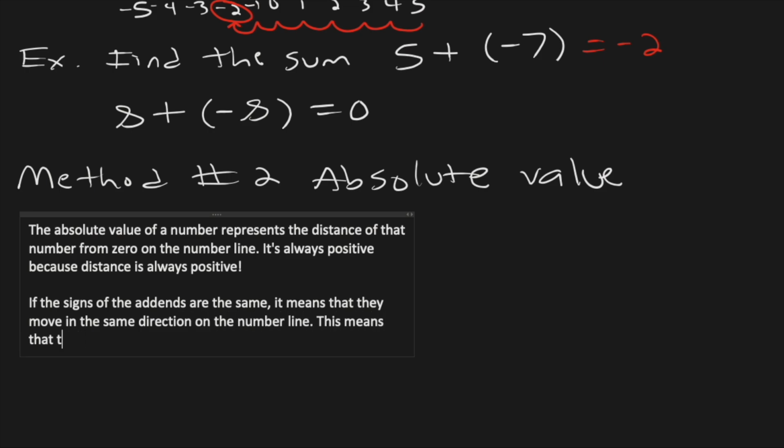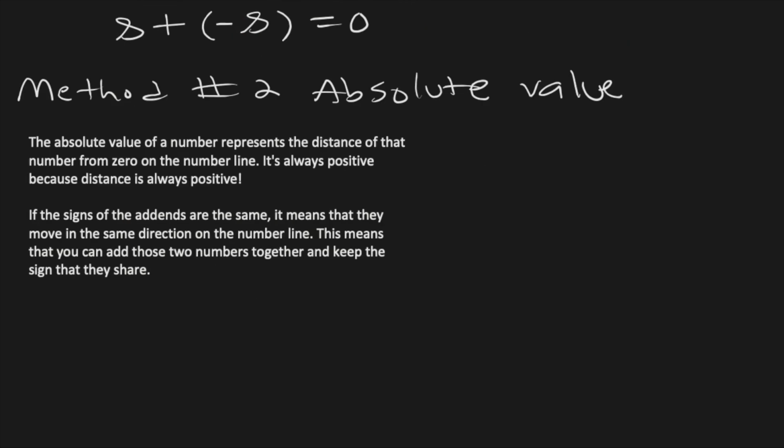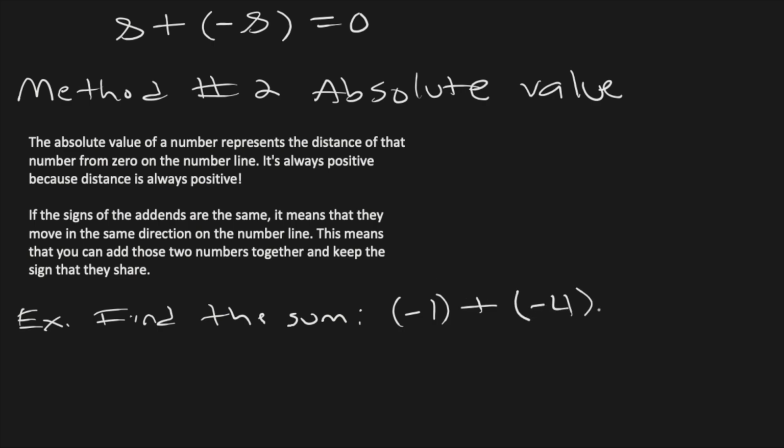This means that you can add those two numbers together and keep the sign that they share. So let's do an example. Find the sum -1 plus -4. Both -1 and -4 are negative, so they are alike. We can add them together and keep their sign to get -5.